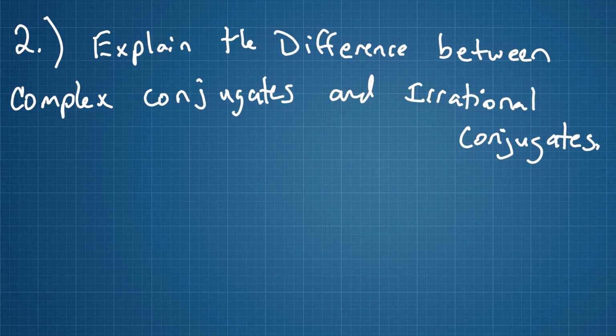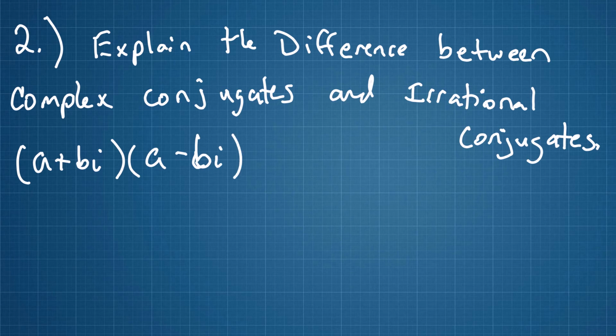Number 2 says, explain the difference between complex conjugates and irrational conjugates. Well, complex conjugates look like they're still sets, so both of these are sets. Complex conjugates are a plus bi, a minus bi. So they have a real part and an imaginary part. Irrational conjugates are a minus radical b, a plus radical b.